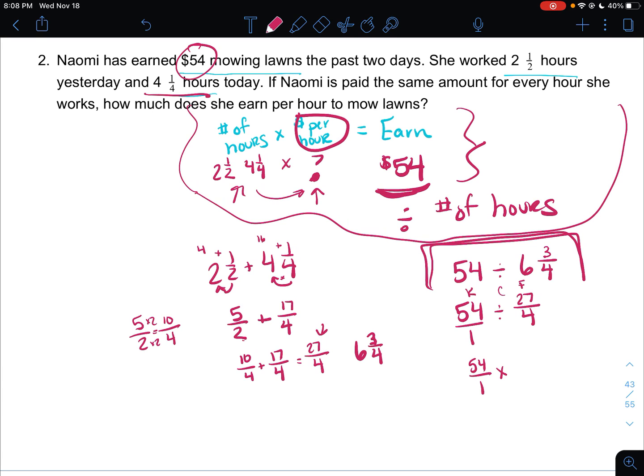So we're going to keep 54 over 1, change division to multiplication, and flip to get 4/27ths. And then we're just going to multiply across like normal. So we're going to do 54 times 4 to get 216, and 1 times 27 is 27.